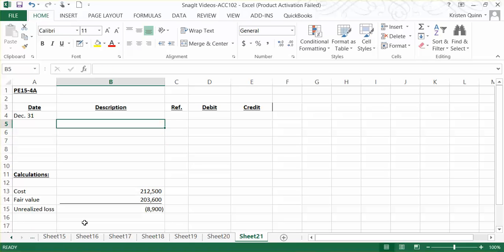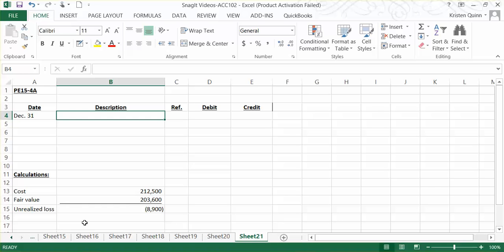So that means we want our valuation allowance account to be a contra asset account, meaning that it's conflicting or bringing down the value of a particular asset.